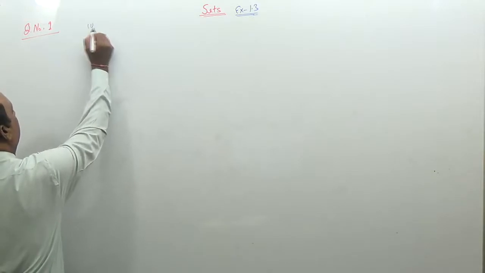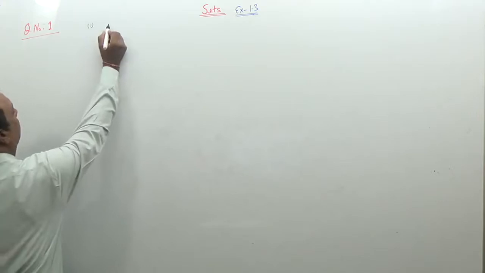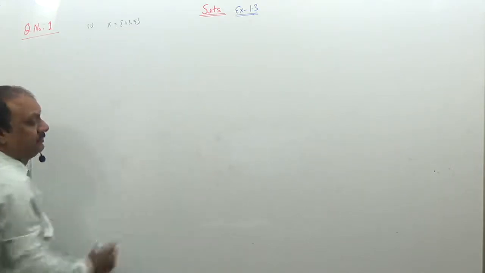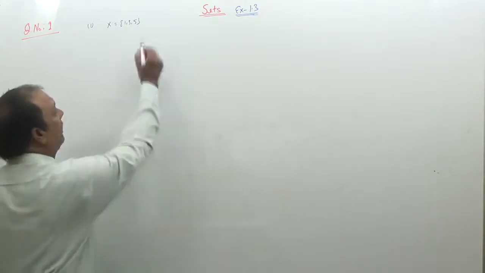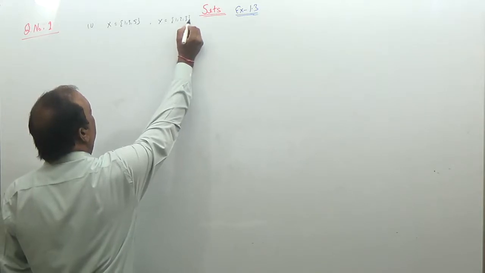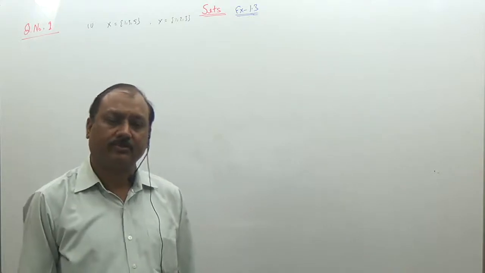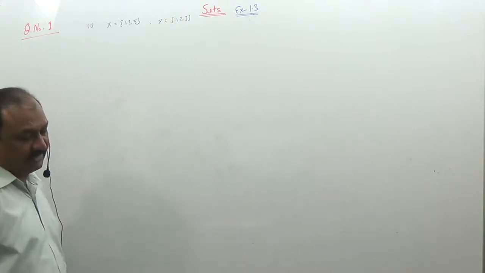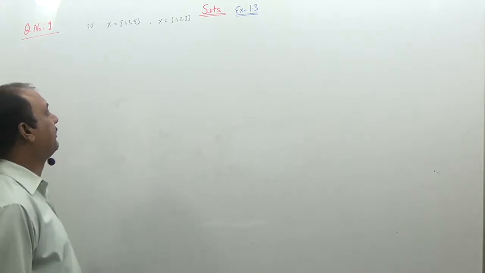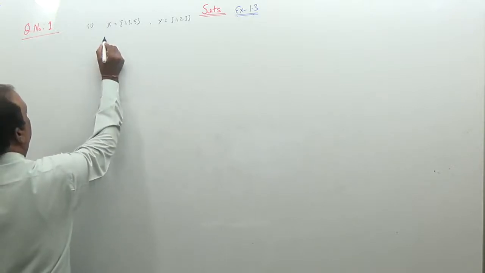The first part is, the set X contains the elements 1, 3 and 5, and Y is another set which contains the elements 1, 2, 3. So two sets are given, X which contains elements 1, 3, 5, and the second set Y which contains the elements 1, 2, 3, and we want to take their union.